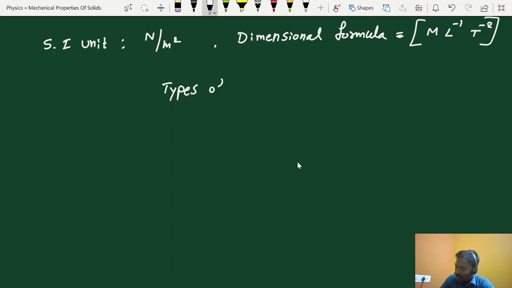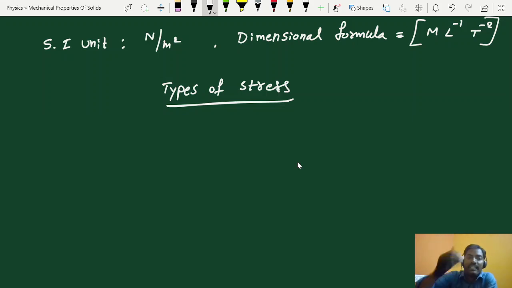So types of stress we can understand with the help of the force acting on the body. It is like how the force is acting on the body.